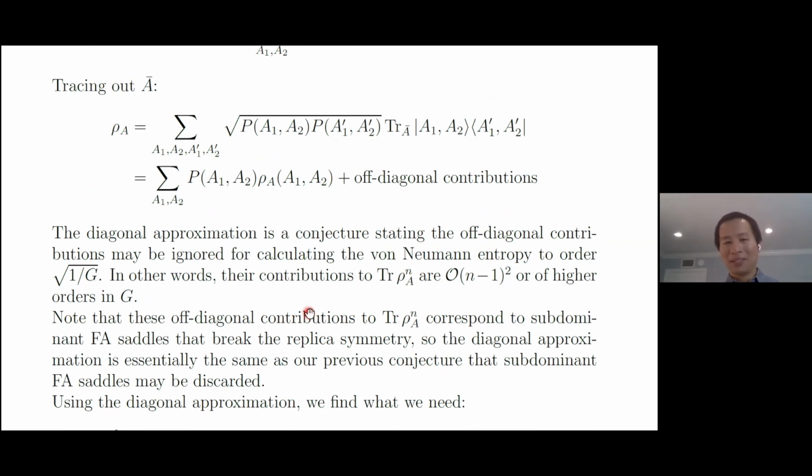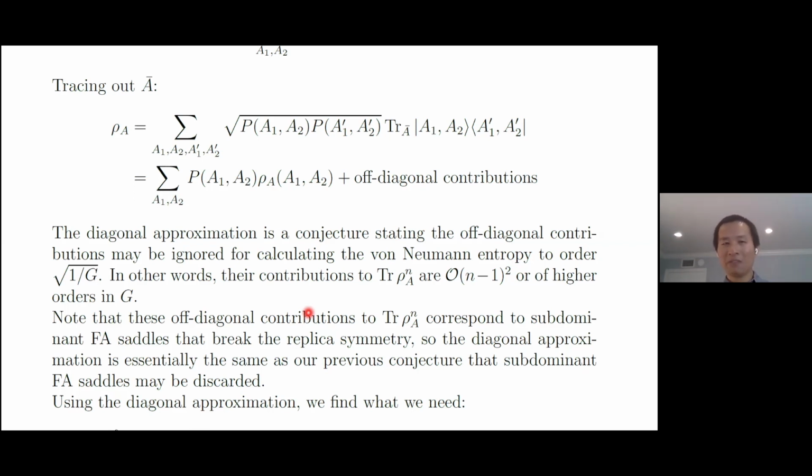My personal opinion is that it would probably be fairly difficult to write the full answer, including all the replica non-symmetric saddles with analytically continued n, into a gravitational path integral, because at least to me, analytically continuing these replica non-symmetric saddles is pretty complicated.